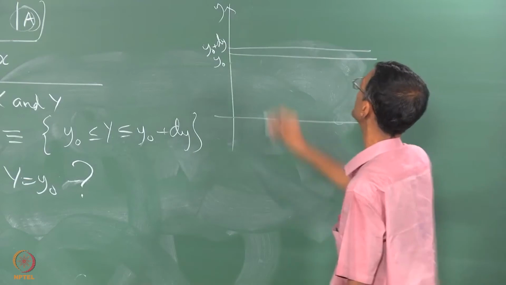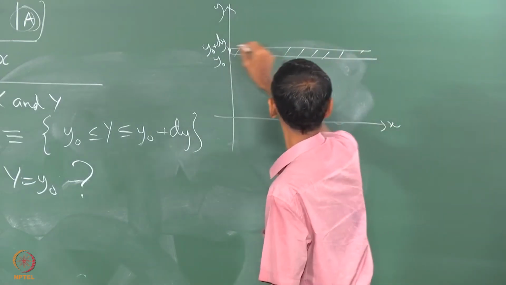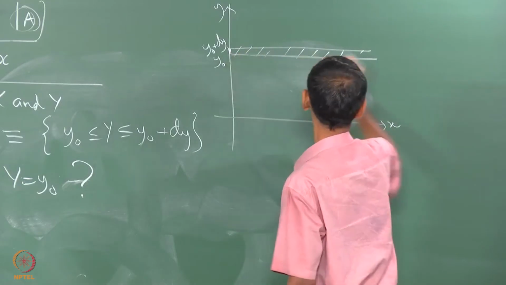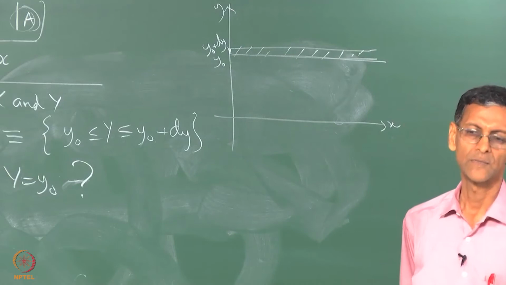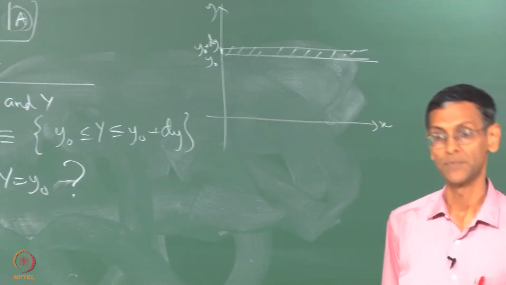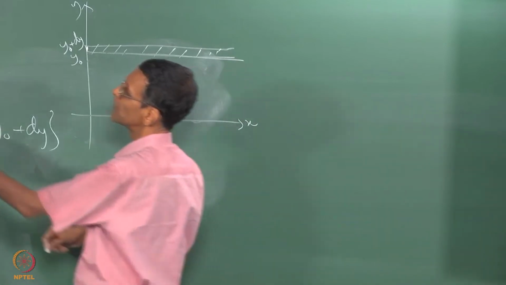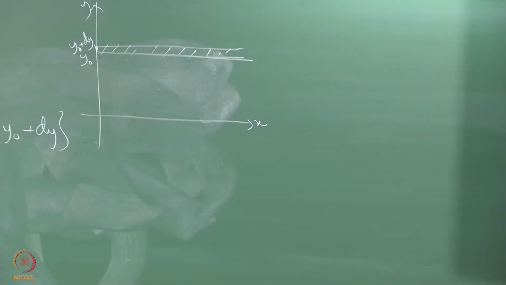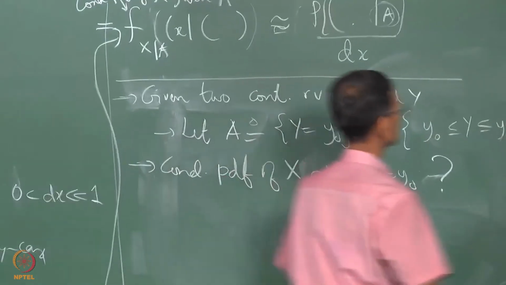So y has taken a value here, which means this entire strip is possible somewhere. We are living only in that strip. Then I am considering the probability that x is between x and x plus dx, given that y is between y naught and y naught plus dy.